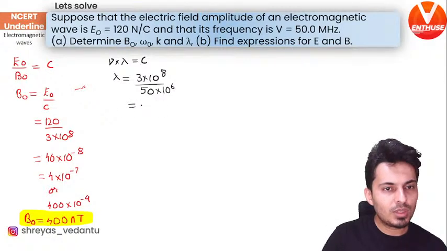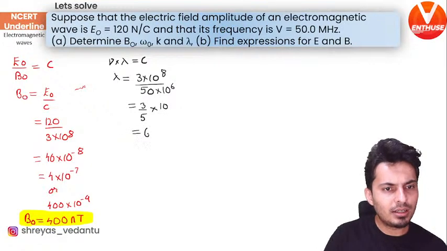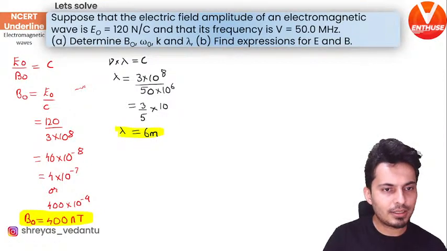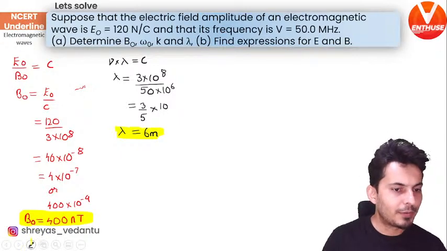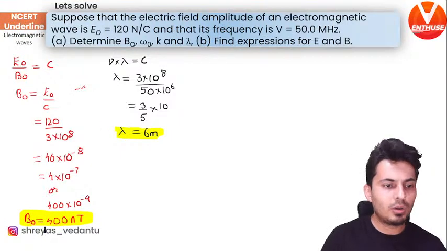So which is 3 by 5 into 10 to the power 8 by 10 to the power 7, so 30 by 5 is 6. So lambda is 6 meters. This is another answer which we just highlighted. So lambda is also done. Next, what else is there? We have to find out, what is that?